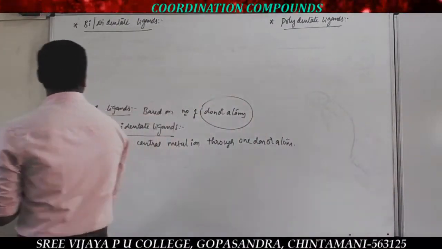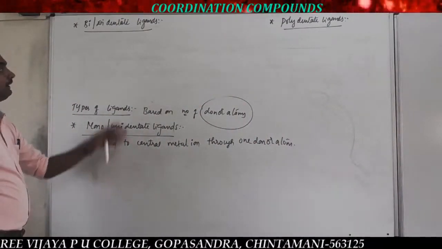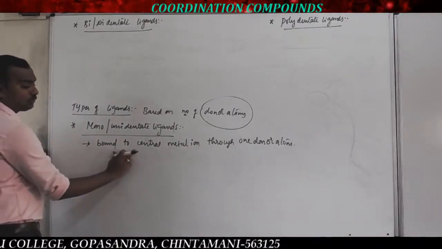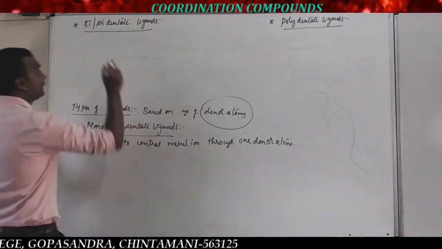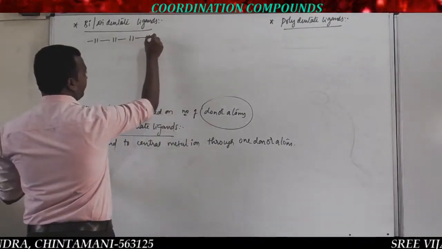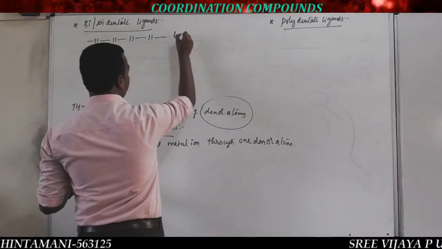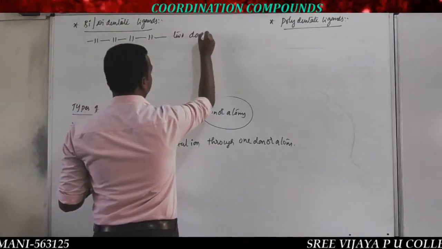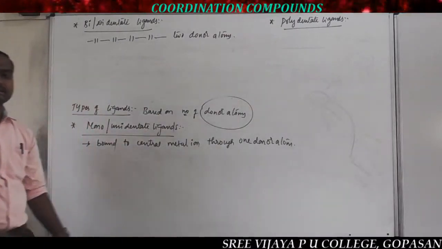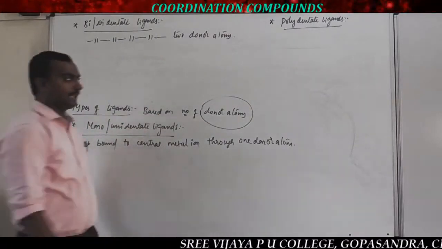Then what is the meaning of bidentate ligand? I'll give you examples. A bidentate ligand is the ligand which is bound to the central metal atom through two donor atoms. That is called a bidentate or didentate ligand.